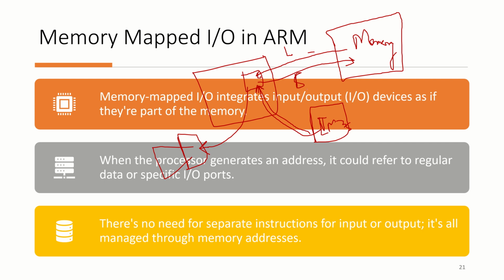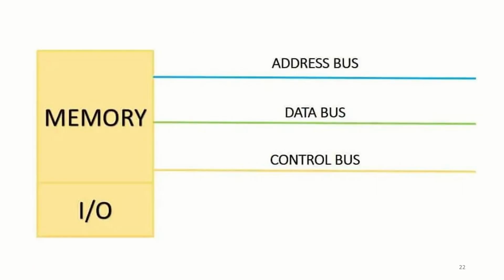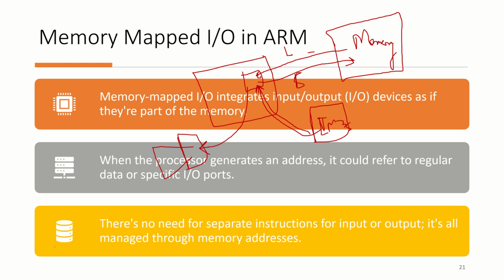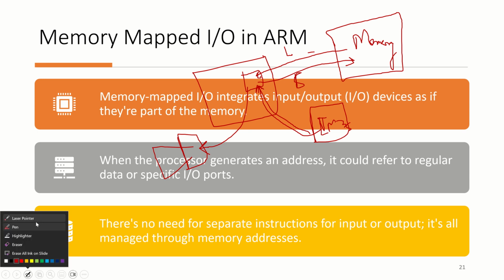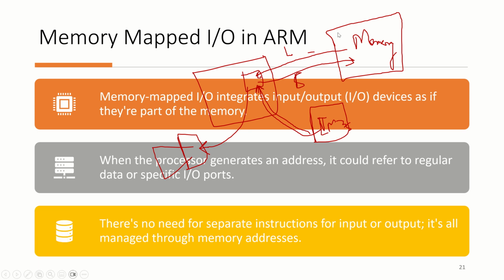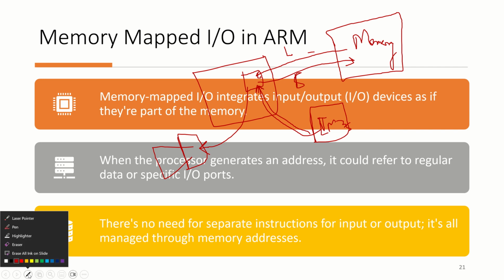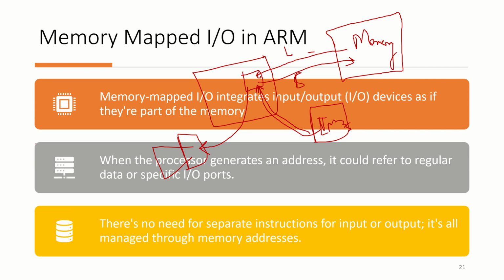So one thing is memory and the second thing is input output devices. In many processors, memory and IO are treated separately. That means the memory has a separate address space and the IO has a separate address space.